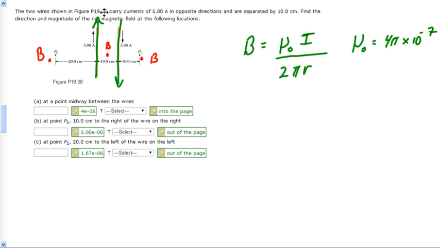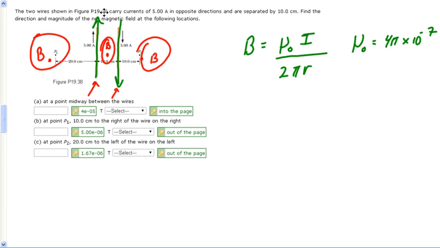Now, what makes this different is this. Each wire is going to have its own magnetic field present at every one of these locations. In some of the spots, they're going to add together, and in some places, they're going to take away from each other.